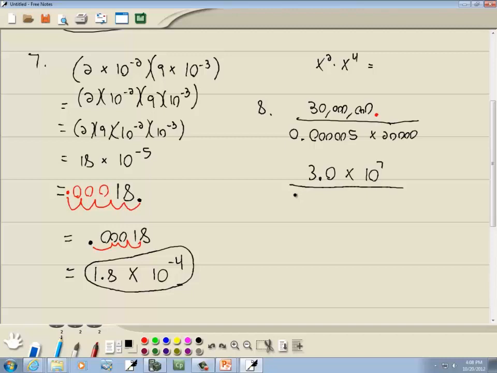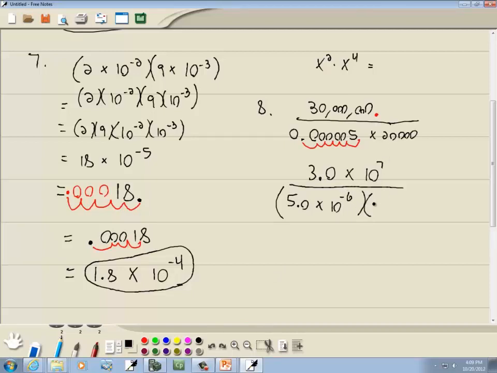Now here, this will be 5.0 times 10 to something. Well, this is a very small number, isn't it? So this should be a small number. So I know it's going to be a negative. Here's my decimal point. So I move it 1, 2, 3, 4, 5, 6 places. So it'll be a negative 6 power.